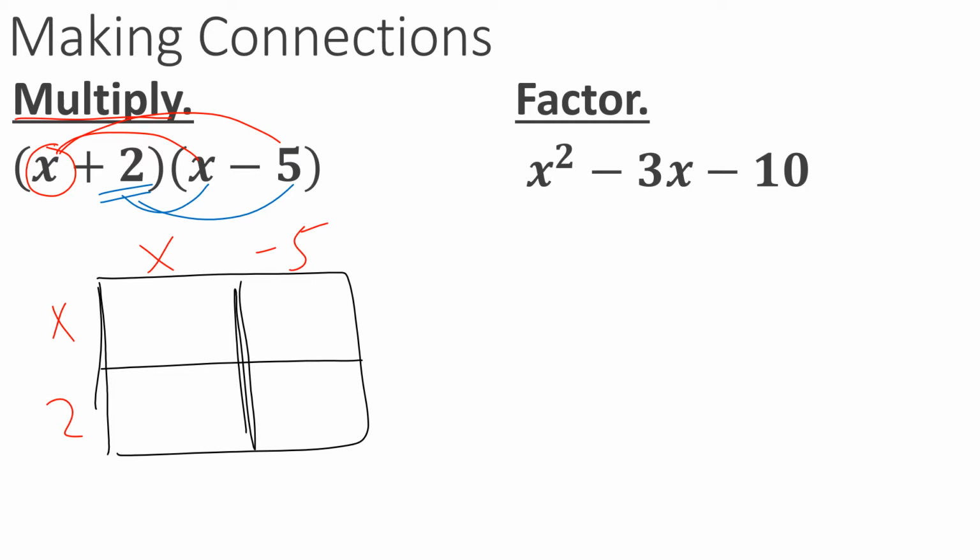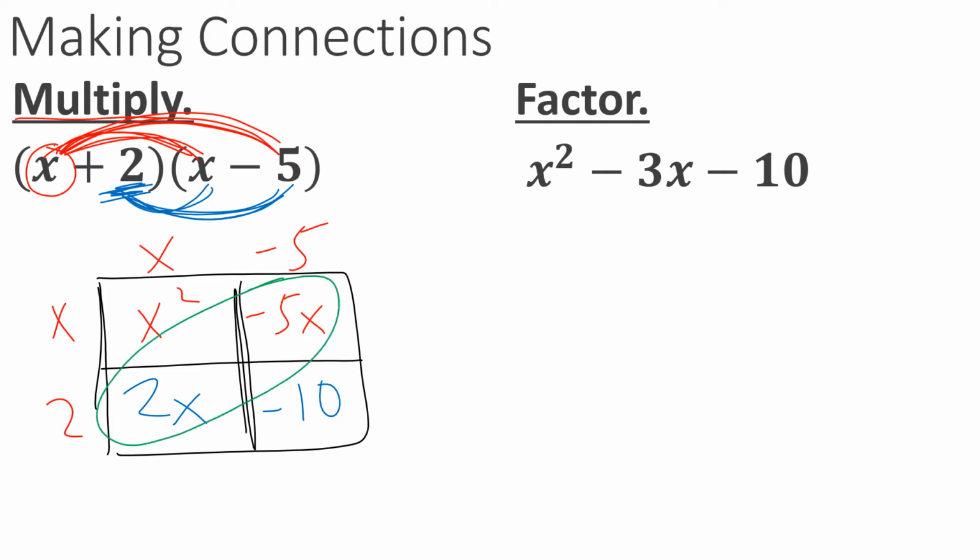The first round of distributing, x times x was x squared. x times -5 is -5x, and then 2 times x is 2x, and 2 times -5 is -10, and then we had to combine like terms.